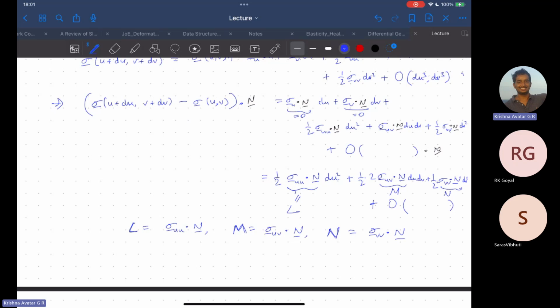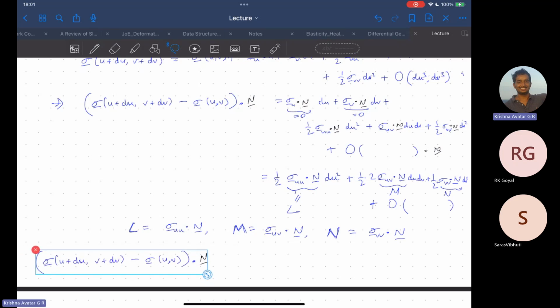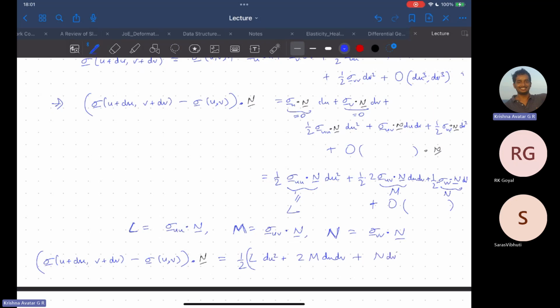So ideally what we would say is that this term here, in abbreviated sense, is equal to half L du squared plus 2M du dv plus N dv squared, taking half as common, plus higher order terms.